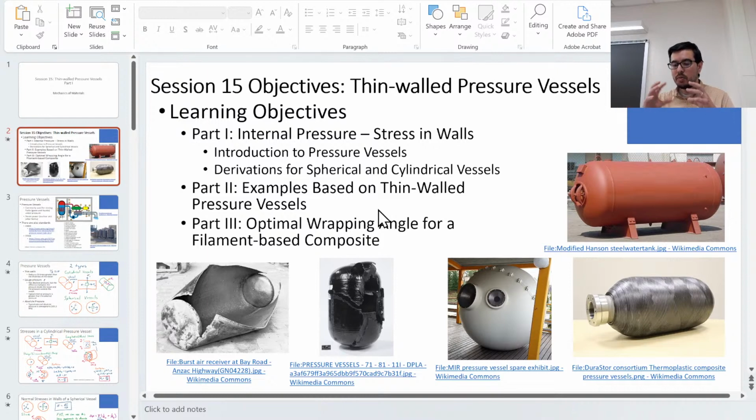In the case where it's spherical, the stresses in the wall are going to be the same. You can take an element on that wall, and you can rotate it, and you're still going to have two components of stress, no matter which orientation, assuming you're orienting it on the surface. So what are we talking about?